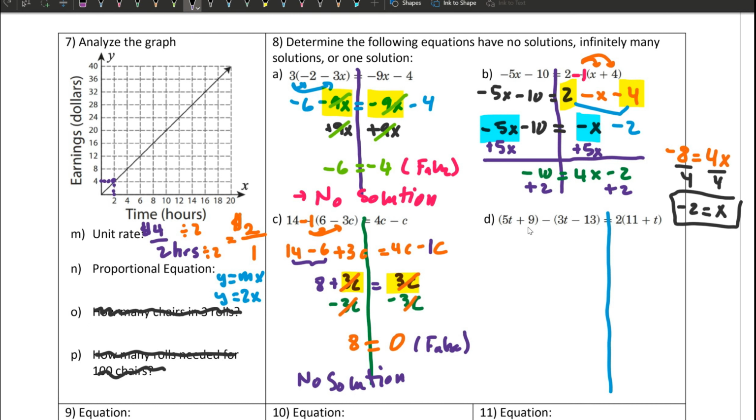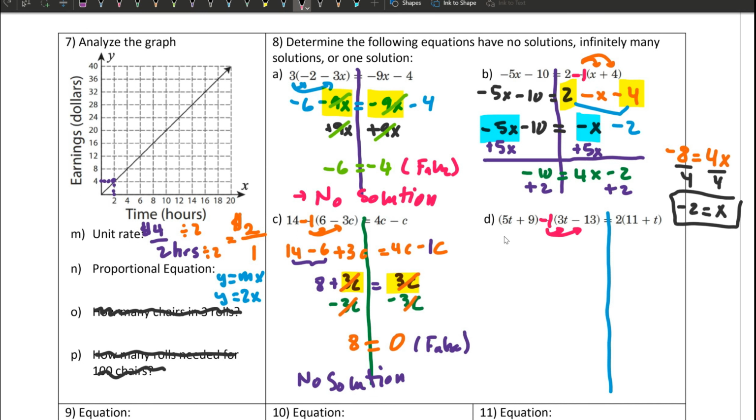Alright, so over here we have 5t plus 9 minus the quantity 3t minus 13 equals 2 times the quantity 11 plus t. As you see, the difficulty level gets higher as the problems progress. So a negative sign with no number, make sure you put 1. Hopefully you will remember that on the test. If there's a sign without a number, it means it's 1. So distribute negative 1 into the parentheses.